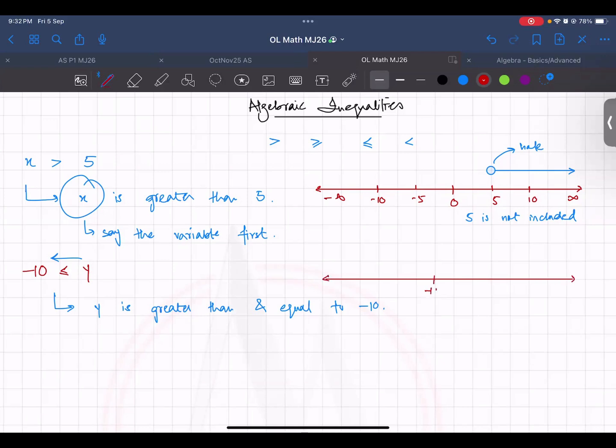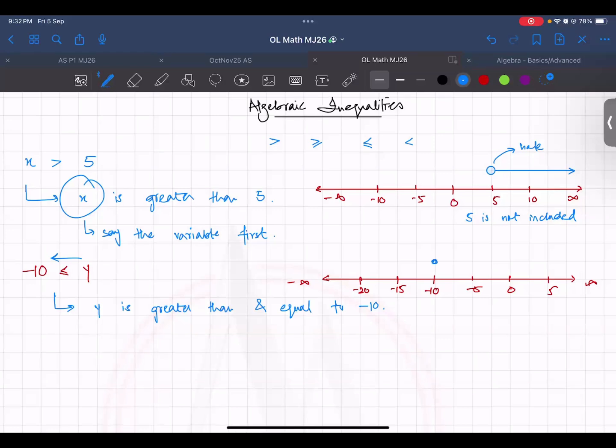The same thing if you do it over here. Let's suppose this is -10, -15, -20, -5, 0, 5, positive and negative infinity. So now y is greater than or equal to -10.